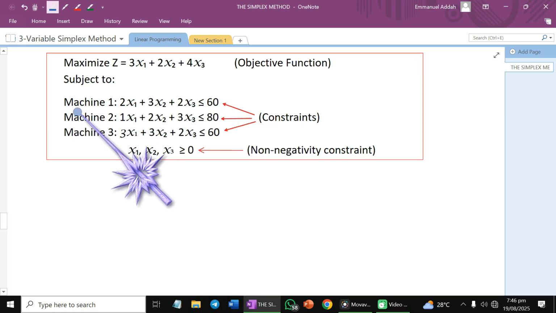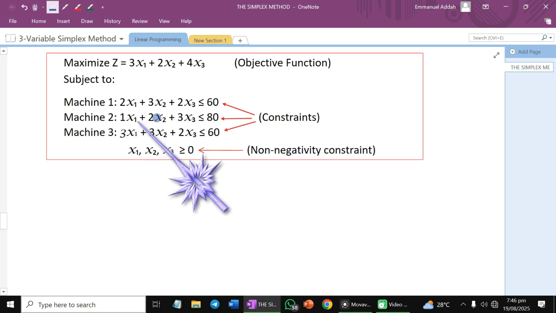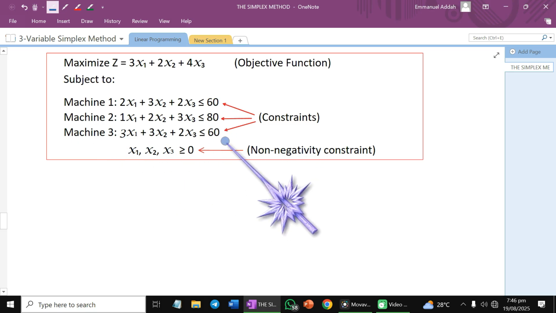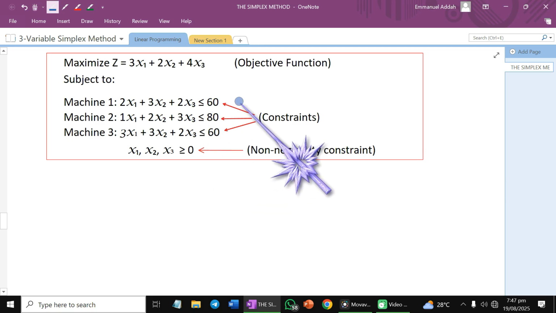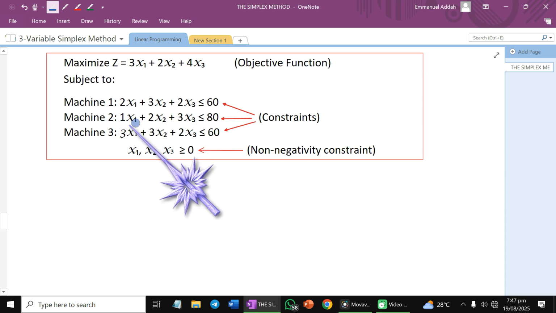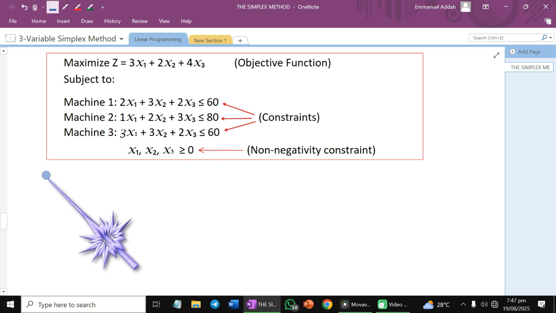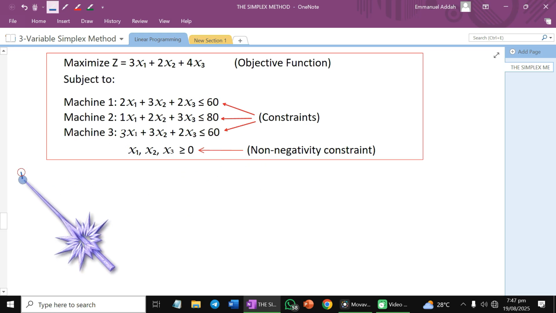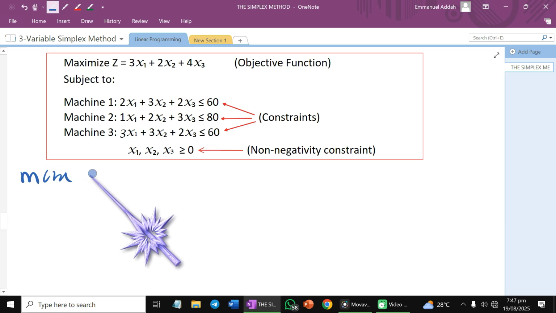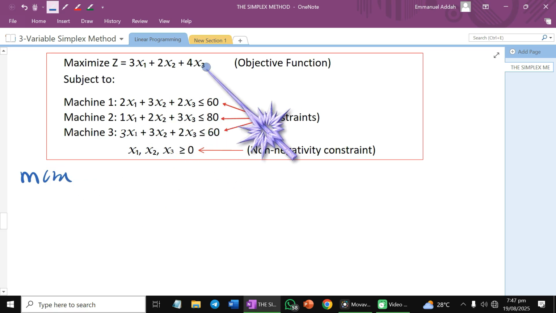The first thing, you look at the constraints, you are going to add what we call slack variables to them, because they are in the form of less than or equal to sign. For greater than or equal to sign, we'll treat that in another video. First, we add S1, slack variable. Second constraint, we add S2. The third constraint, we add S3. So we now say maximize the objective function.